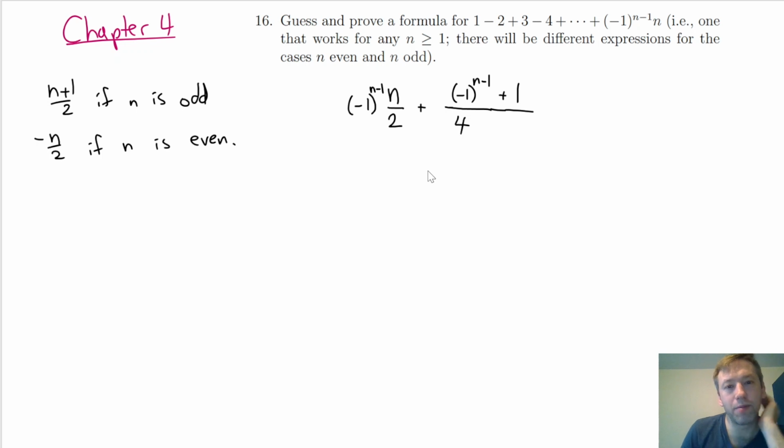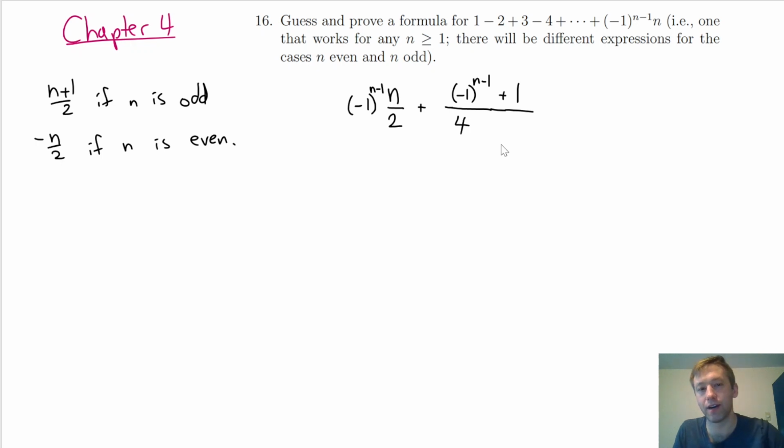So to kind of explain what I'm trying to do here, I want this term to be 1/2 when n is odd, and I want it to be 0 when n is even. Now, the way I can kind of set that up is like, if n is odd, I want to get like a 1 over 2, which is the same as 2 over 4.